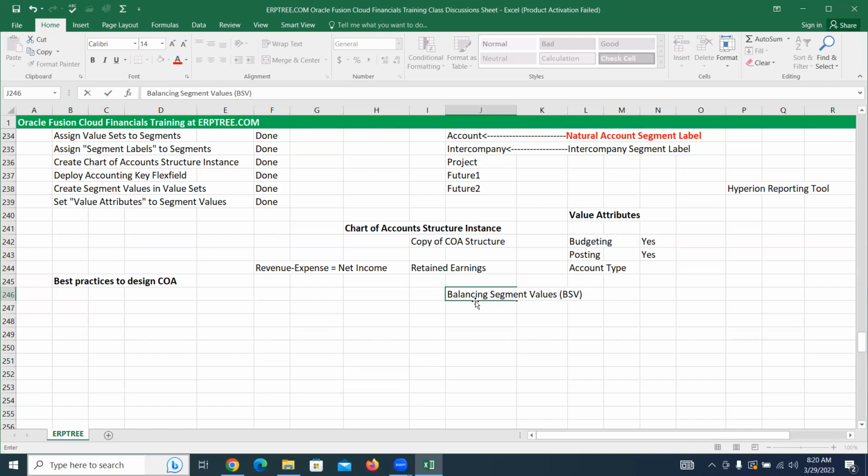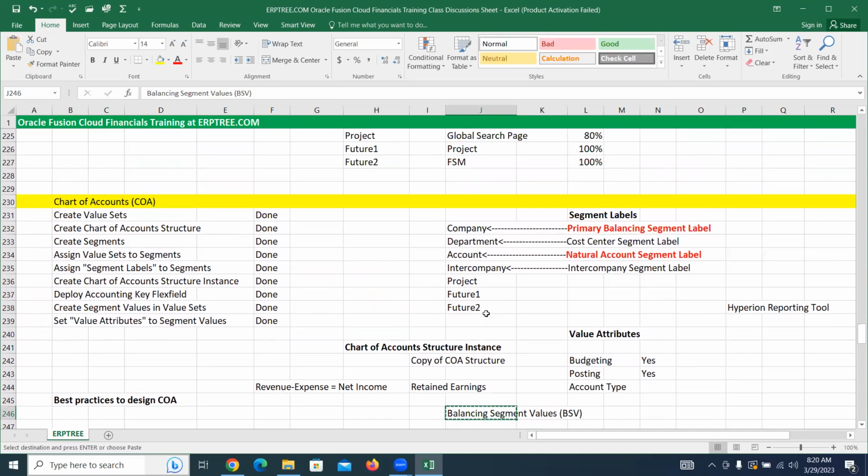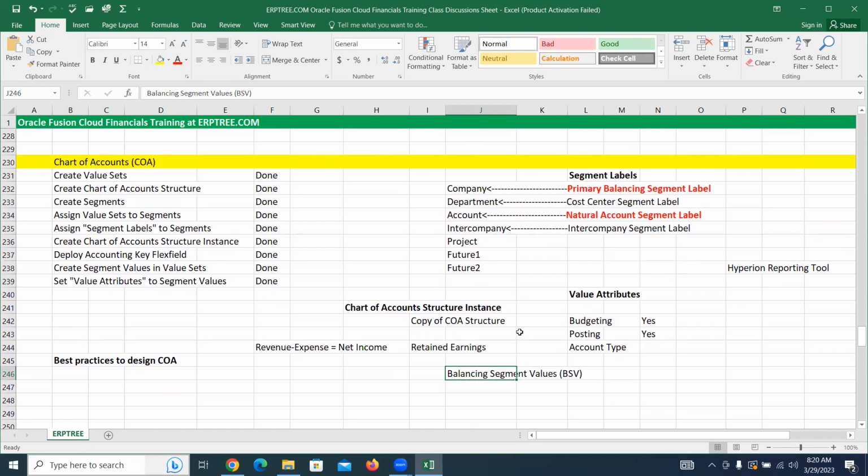What do you mean by balancing segment values? Anyone, please? It's the company name. Any other definition? Segment values are nothing but balancing segment values. No, not correct. The balancing segment related values are balancing segment values.